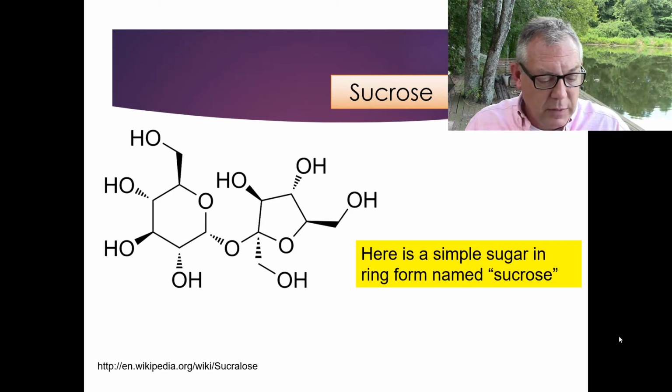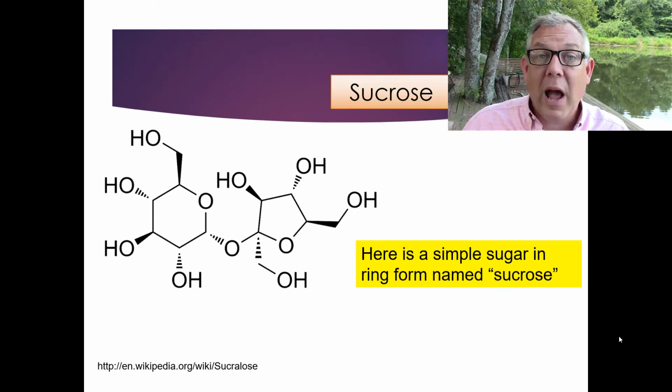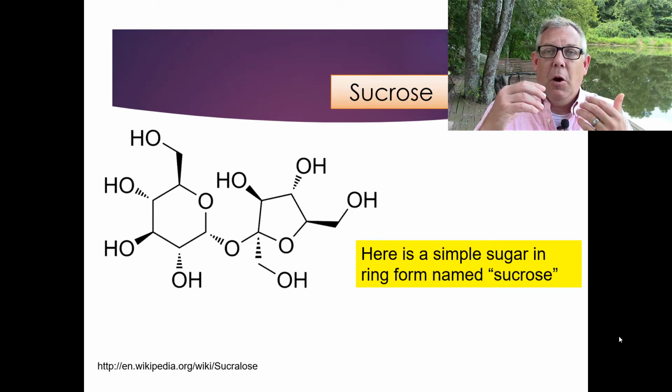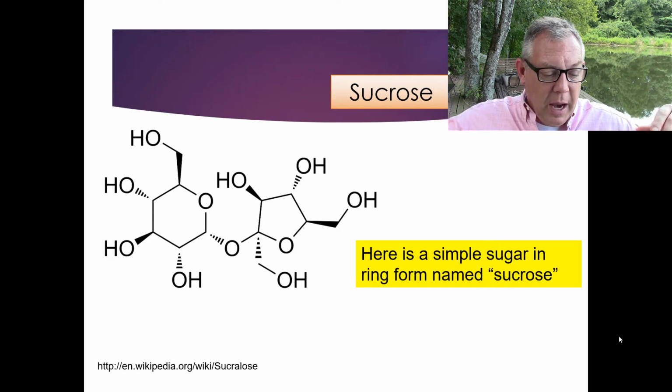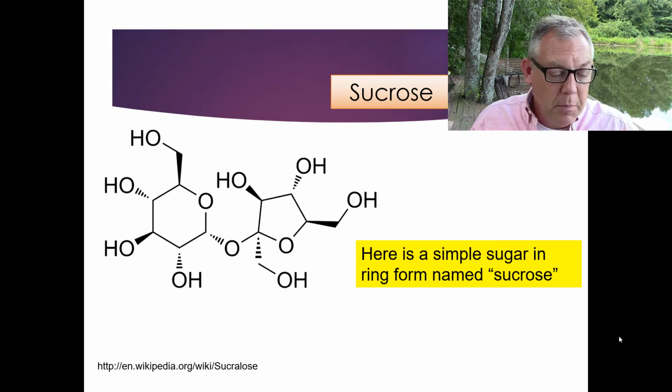And then we also don't write every single hydrogen that's here. Because if there's an open spot, and carbon wants another electron, it just grabs a hydrogen, because those hydrogens are everywhere. So you don't see every hydrogen, but you do see every hydroxyl, every OH.